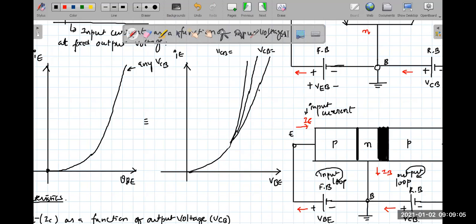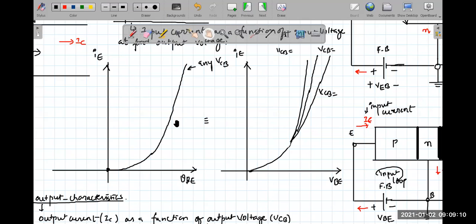So what will happen if the output voltage is increased?